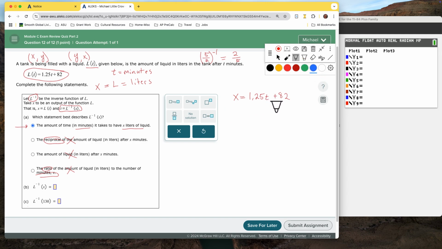Let's solve for t. So we would subtract 82 from both sides. And then we'll divide by 1.25.